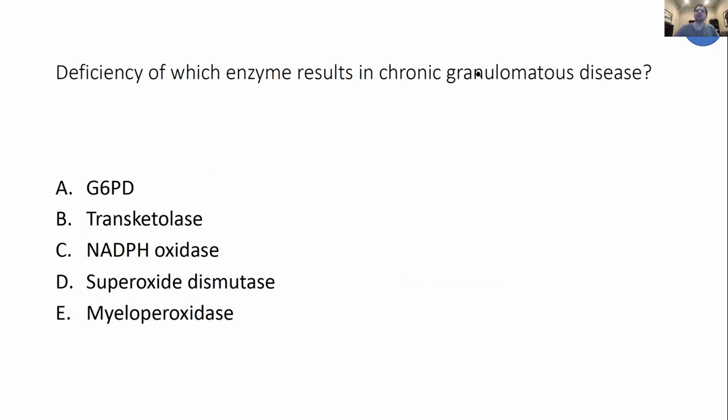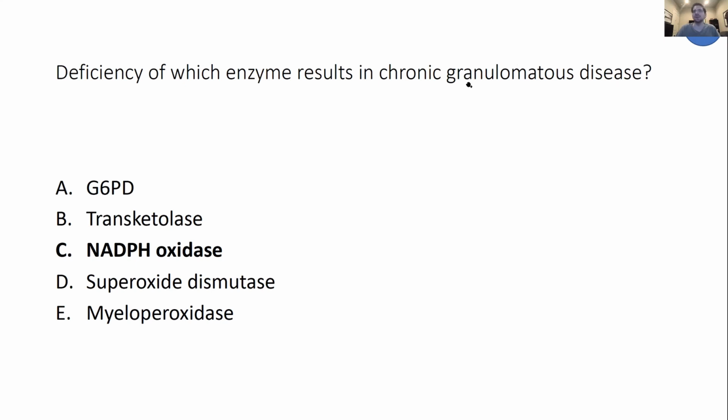Yep. So this is another sort of definition type thing, chronic granulomatous disease. Remember, these granulomas form after the initial bacterial infection. You have a neutrophil response. But after that, you get the macrophages. And typically this is like tuberculosis.